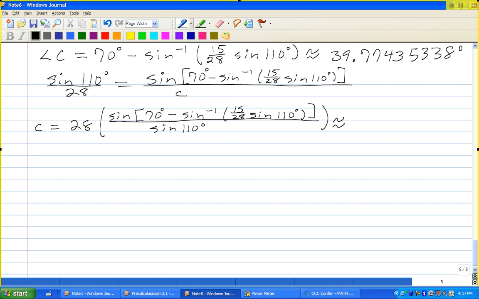Wait, 1 second, because that's wrong. Okay, 15 over 28 times sine of 110, then take the sine of that, divided by sine of 110, multiplied by 28.